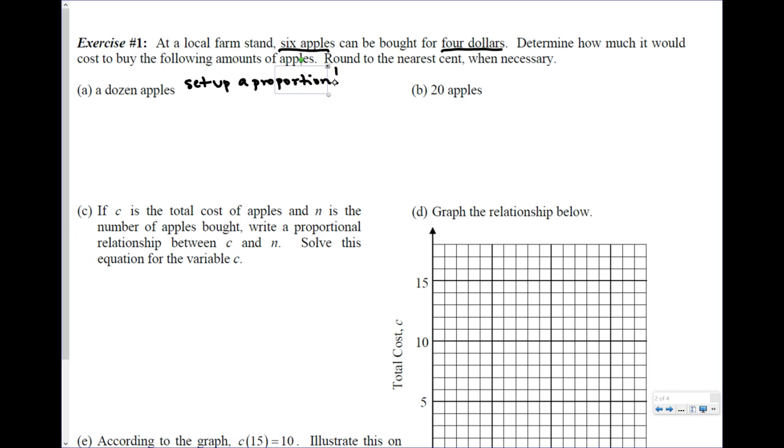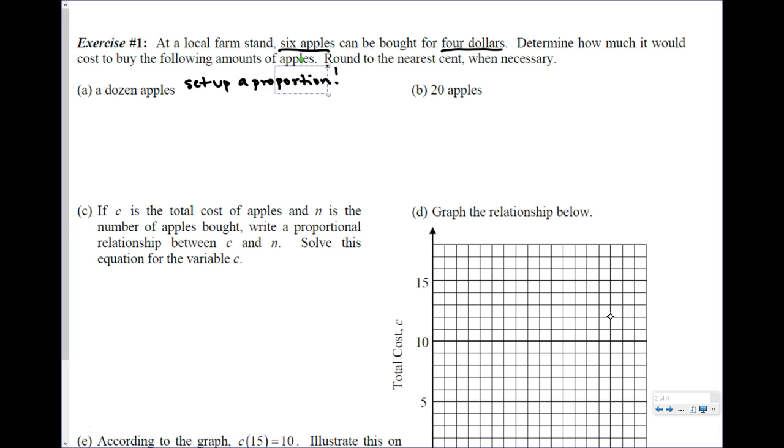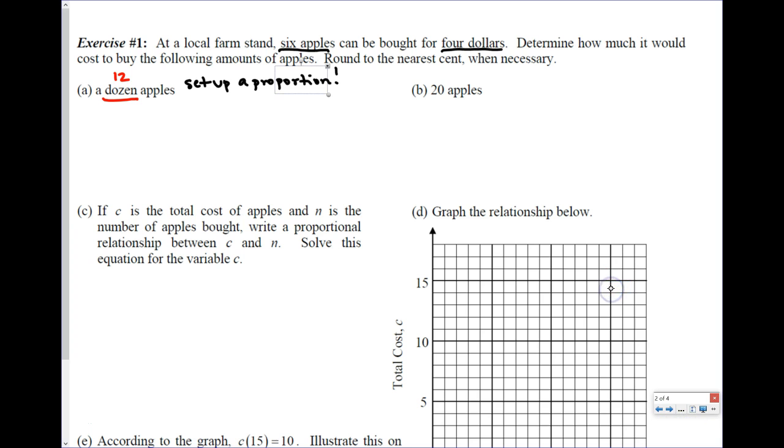Okay, so my first proportion is a dozen apples. Now I have to think about how many a dozen is. A dozen means 12. So a dozen is a fancy word for 12. And my original proportion in this problem says 6 apples for $4.